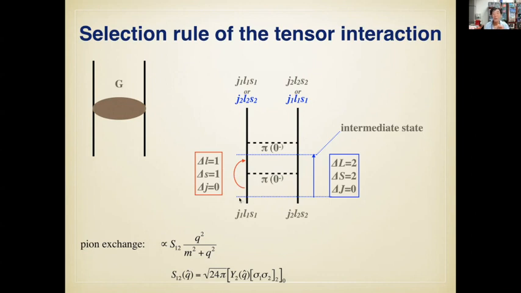But the selection rule for this two-particle state to this state is delta J equals 0. You don't change J, and delta L is 2. So in the neutron case, it's D wave. And also the spin has to change by 2. So this is the selection rule, just remember, okay?